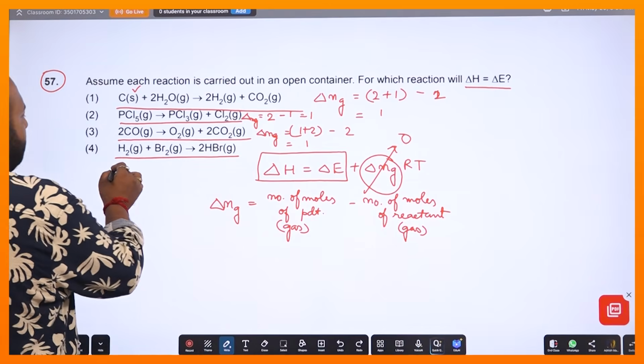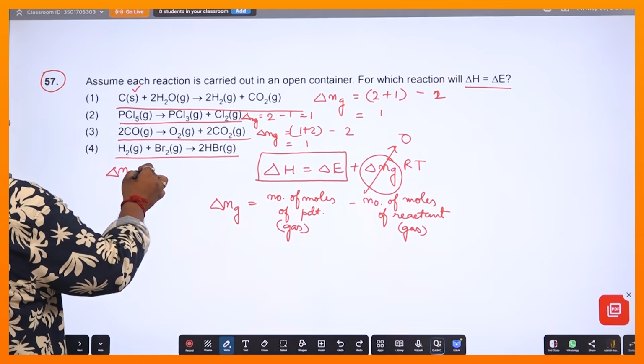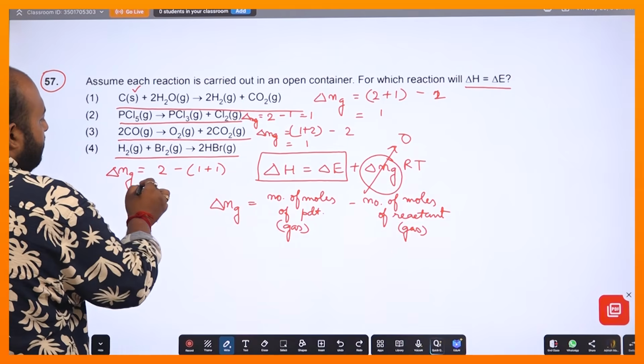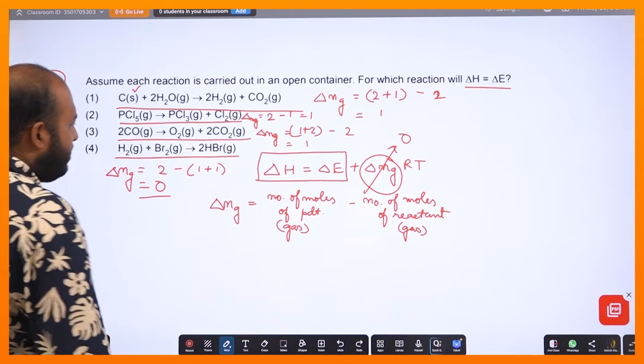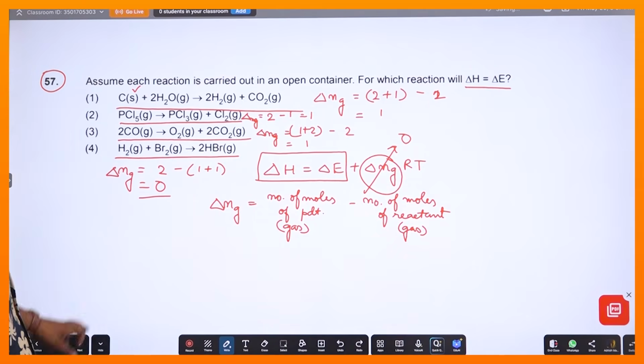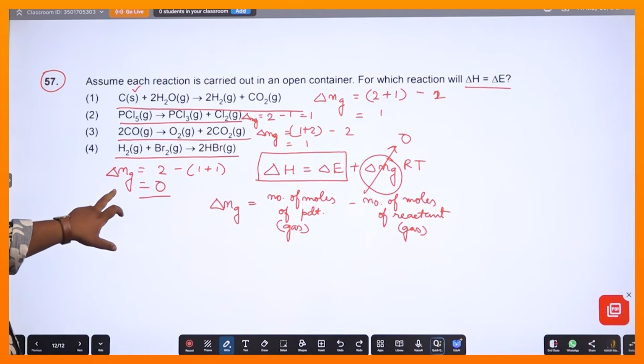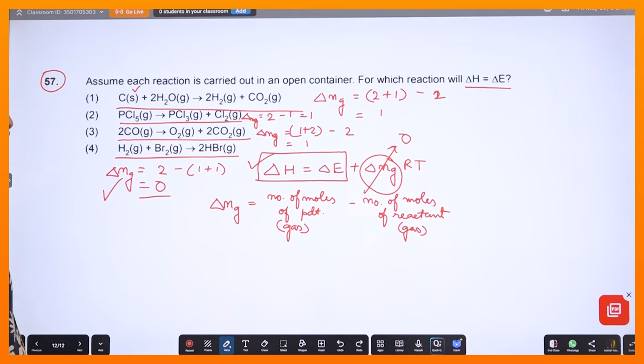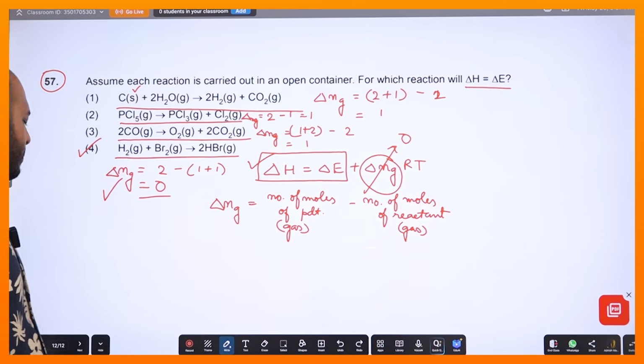For this reaction, del Ng will be 2 minus 1 plus 1. Now you can see for the formation of HBr, the del Ng value is equal to 0. So in this case only del H will be equal to del E. So option 4 is the correct option.